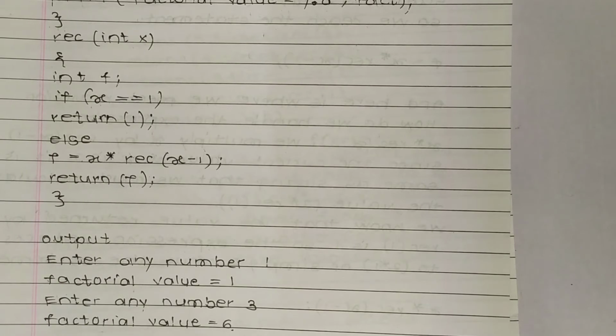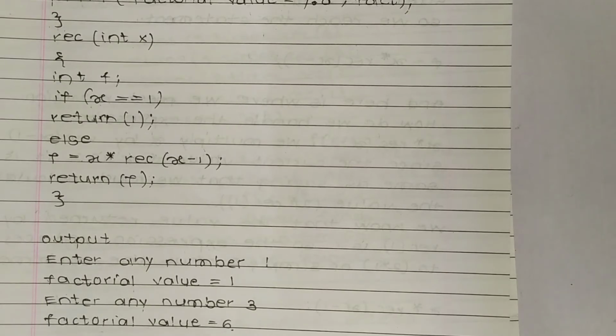Now return 1, that means return the previous value, or else f is equal to x star rec x minus 1, semicolon, and return f.